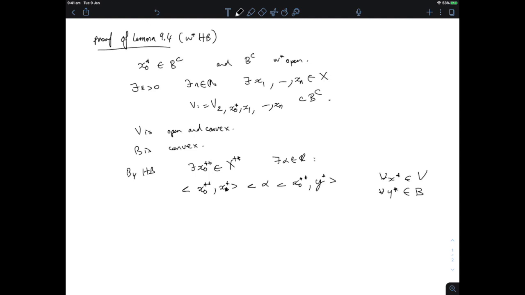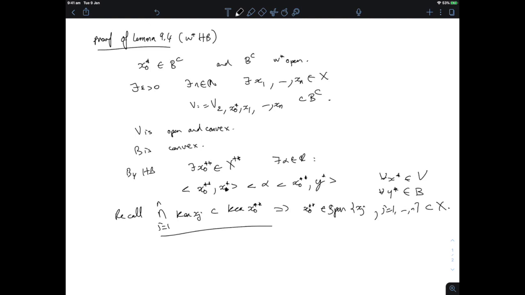So what I need to show to get the result I want is that x naught double star that I got by standard Banach is actually an element of X. It can be identified with an element of X. Now, in order to do that, I want to recall that if the intersection of the kernels of the xj, from j equal 1 to n, is included in the kernel of x naught double star, we've seen an argument previously that guarantees that this means that x naught double star is actually in the span of the xj's, and therefore has to be an element of X, or can be identified as an element of X. So what we need to show really is this intersection of kernels.